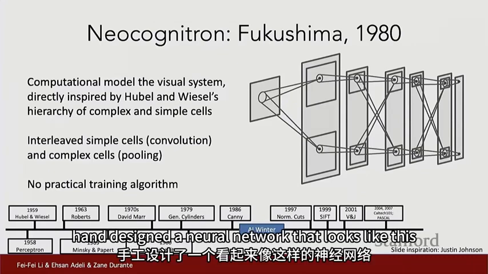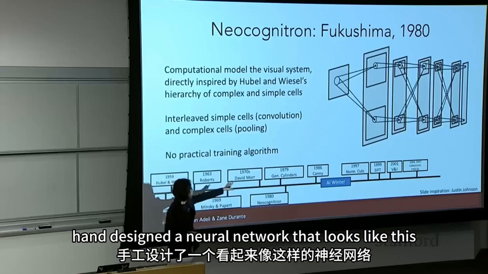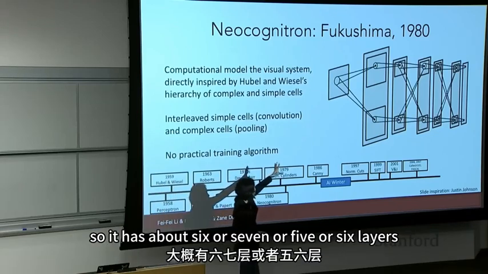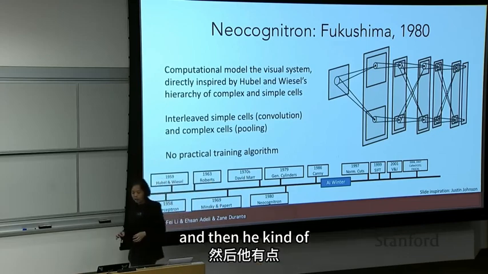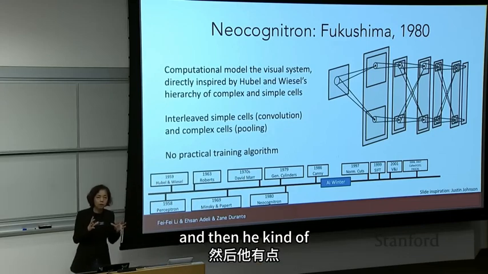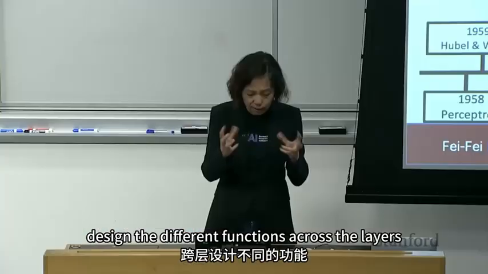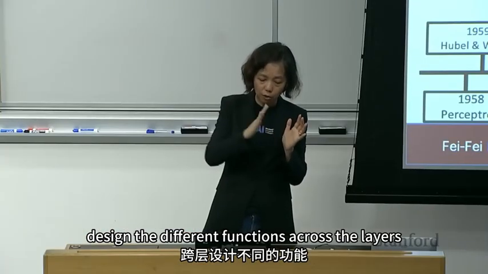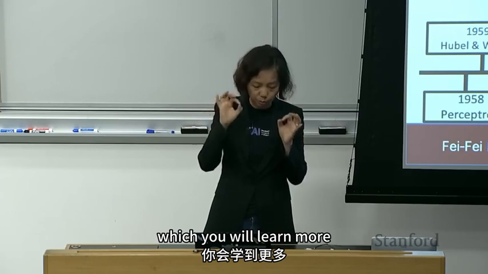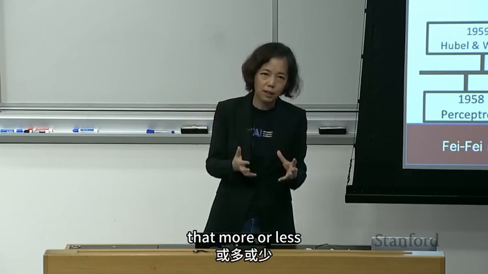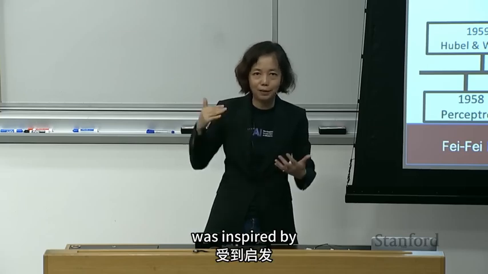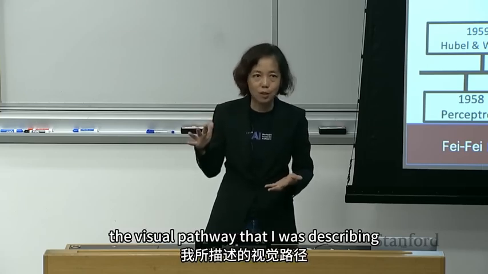Fukushima hand-designed a neural network that looks like this, with about 5 or 6 layers, and he designed the different functions across the layers, which you will learn more about, that more or less was inspired by the visual pathway that I was describing.